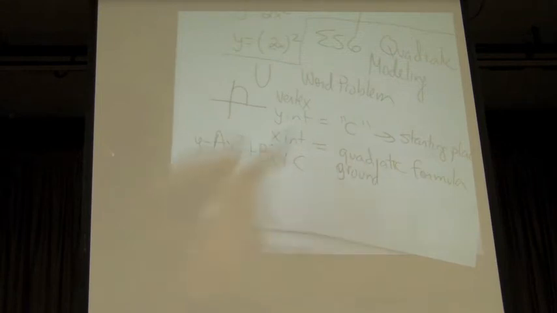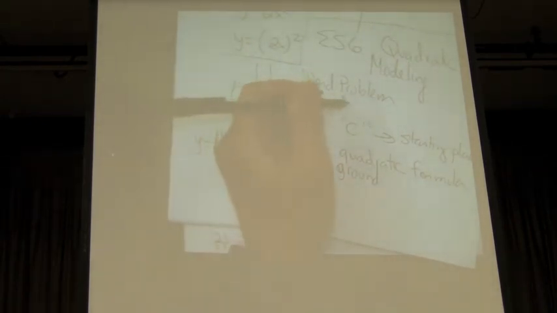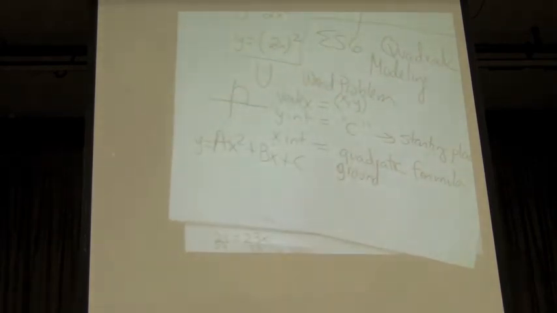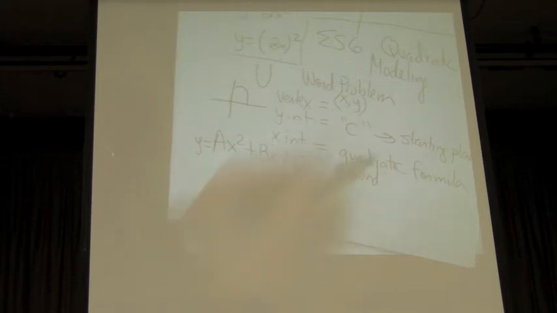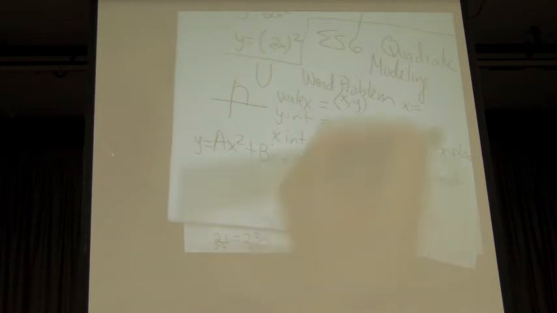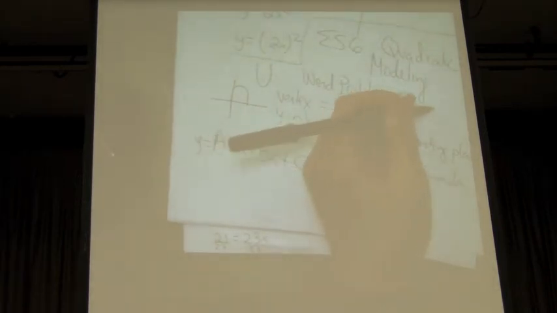All right? Finally, we have the vertex. The vertex has 2 parts to it. It has an x and a y. So there's 2 different questions that they can ask. They can ask you a question about the x value of the vertex, or they can ask you a question about the y value of the vertex. Now, how do you find the x value of the vertex? I heard some of you saying it earlier.